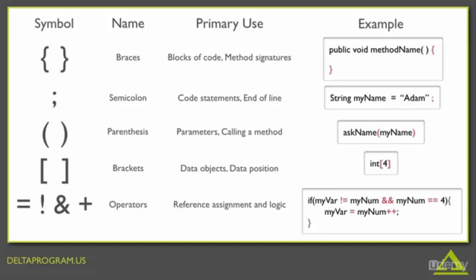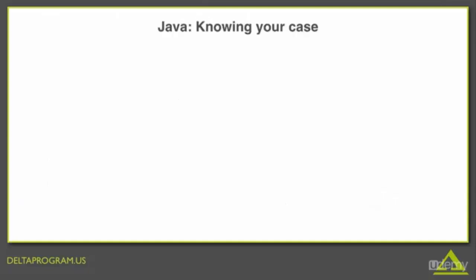So that's the syntax. Now, one thing that you might have noticed from my examples, there's this uppercase and lowercase lettering situation happening. And I would like to explain why that's going on. In Java, there are specific ways we use casing, or uppercasing, lowercasing, capitalizing letters.